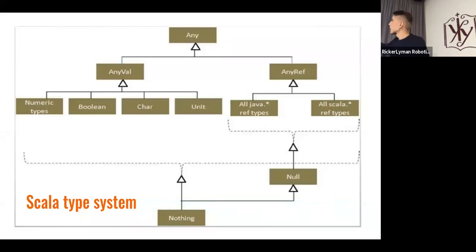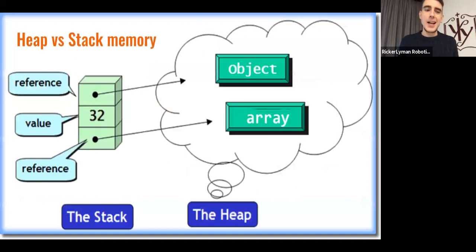There is a null value in Scala the same way as in Java. And Nothing acts the same way, but for the whole type system hierarchy. So this is the bottom of the type system.